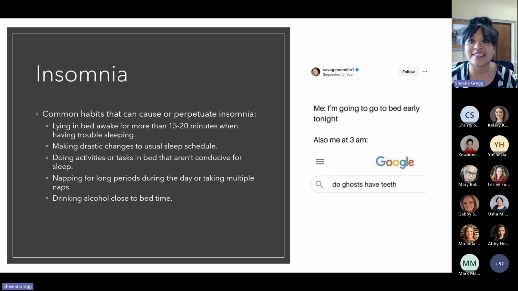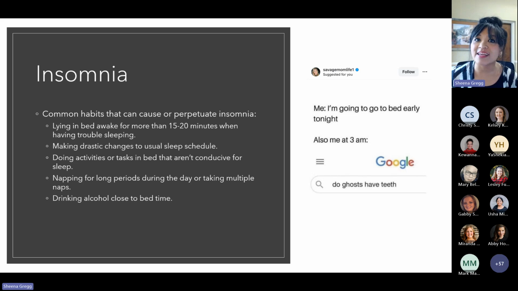And I appreciate some of you reacting to what I have on the screen as far as the photo, because this is sometimes me. It's like, oh man, I'm going to go to bed early tonight. I finally got my kids in bed. And then here I am laying in my bed late at night, and I am Googling or thinking of the most random things.